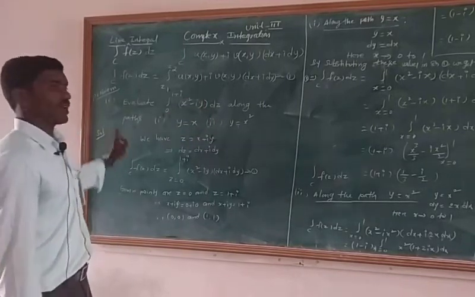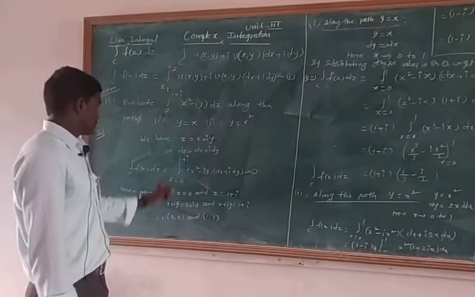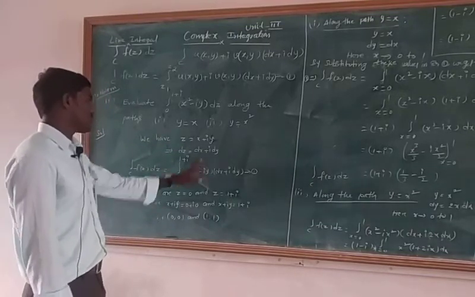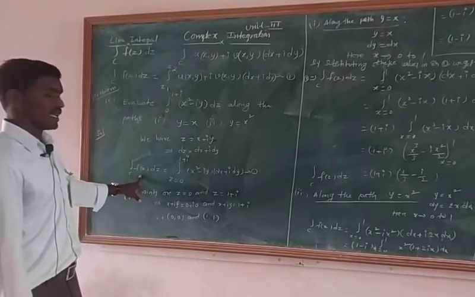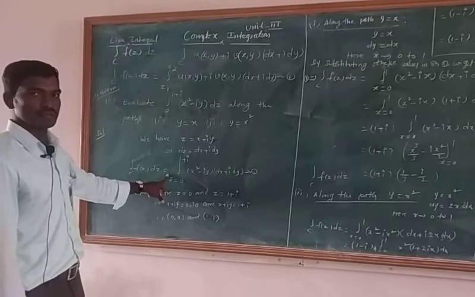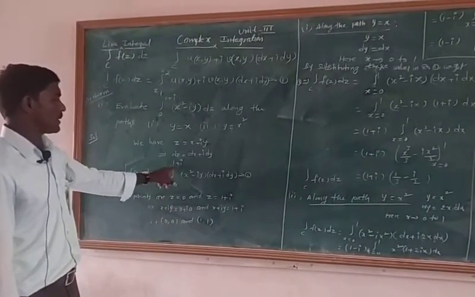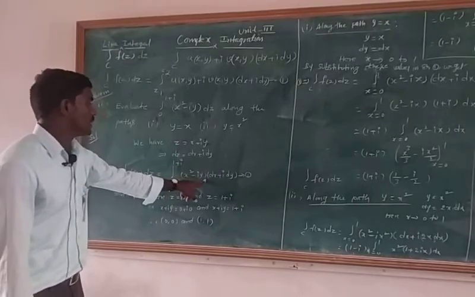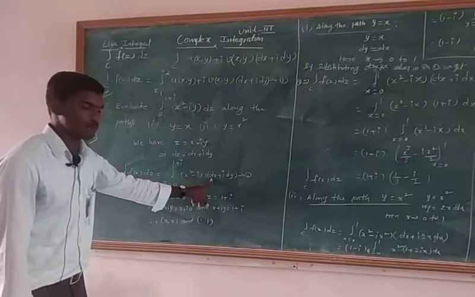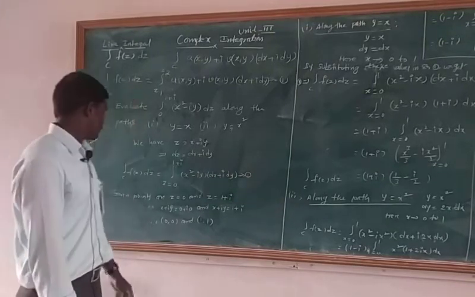The solution: we have z equals x plus iy, that implies dz equals dx plus i dy. Therefore, integral over C f of z dz equals integral from z equals 0 to 1 plus i of x square minus iy into dz, that is dx plus i into dy, called equation 1.